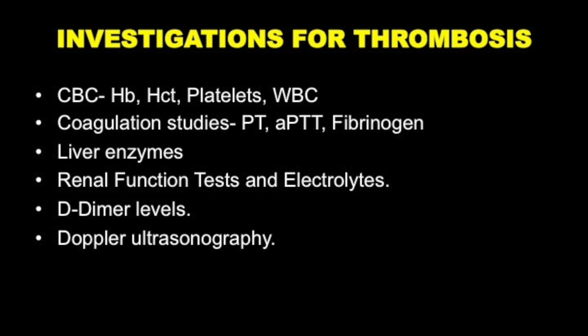And then coagulation studies: you do prothrombin time, APTT and fibrinogen. Then you also do your liver enzymes, renal function tests and electrolytes, and D-dimer levels. A negative D-dimer is a specific test that shows there is no thrombosis.